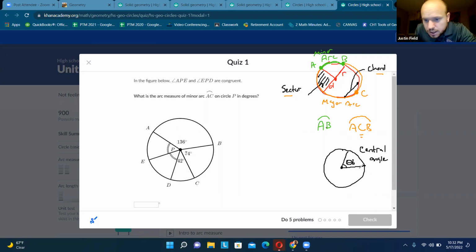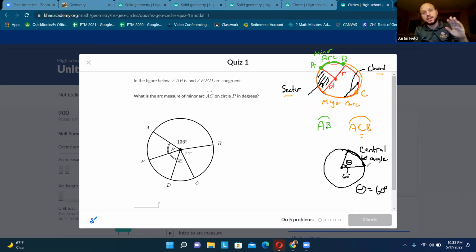If this is a 60-degree angle, let me write it out here so you can read it. Let's say theta is 60. Then the minor arc intercepted here is also 60. So we know all the way around the circle is 360, and we measure arcs in degrees. So the central angle is 60 degrees, and then the arc is also called 60 degrees.